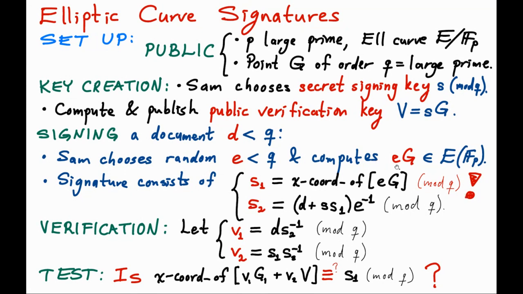So when you compute e times G, you're finding a point on an elliptic curve, correct? And that means that the X coordinate of e times G is something that lives in the field with P elements, right?